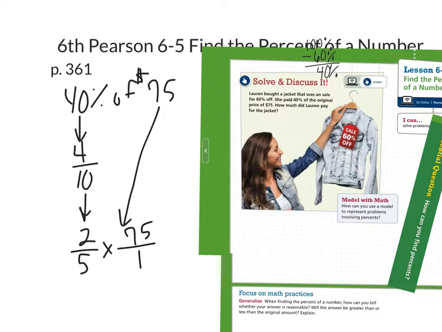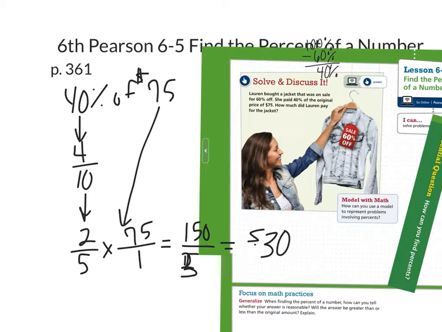When you do this, you can reduce the 5 and the 75 to 1 and 15, if you see that. If not, you can just multiply straight across. You'll get 150 over 5, and when you divide that out, you'll get $30.